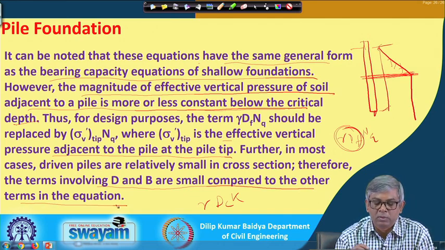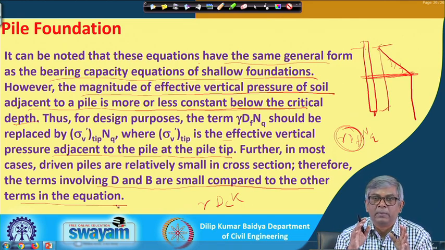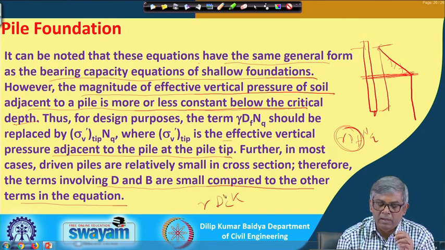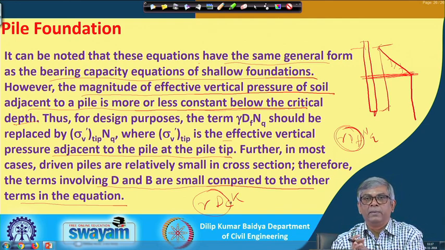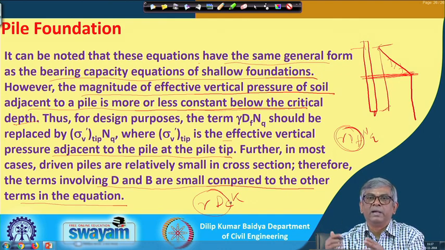So, whatever equation we have, we have two terms: one is gamma Df Nq and another is 0.4 b gamma N gamma. Instead of gamma Df, we have to take gamma dc, that is one thing. And second, the second part 0.3 b gamma N gamma, compared with the first part gamma Df Nq, you will see that the second part value is quite negligible.